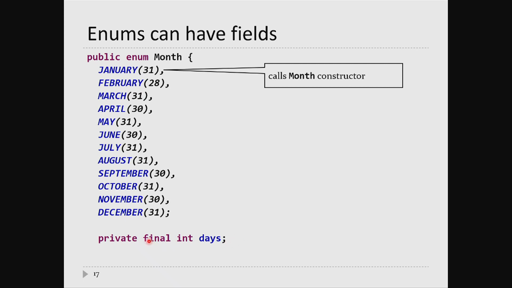So I'm going to mark days as final, which means I can only ever give days a value once. I'm going to do it in the constructor. The way you call the constructor is beside the constant name, you write some brackets, and then you pass in the arguments to the constructor, whatever arguments you have. Here I'm passing in the number of days for each month.